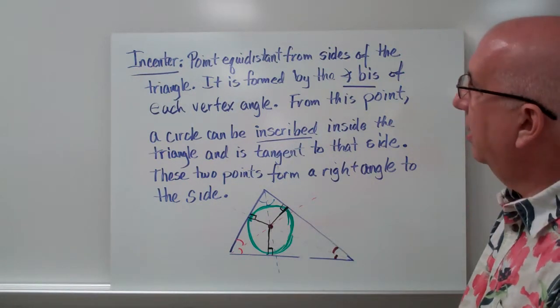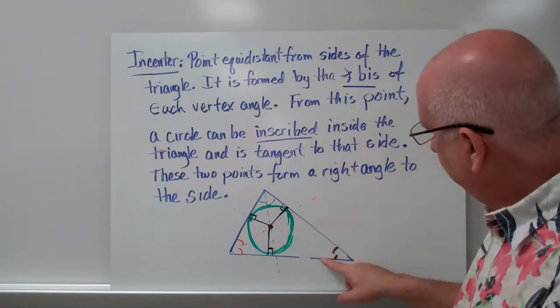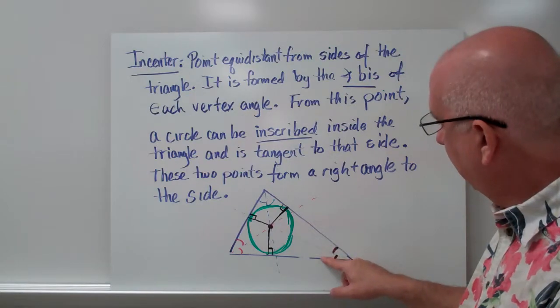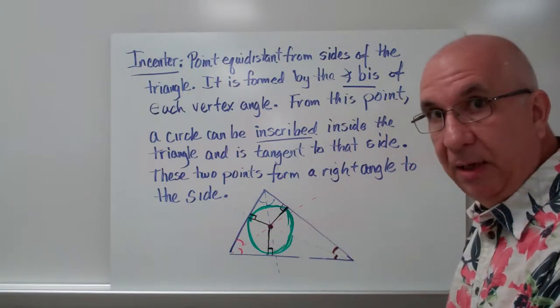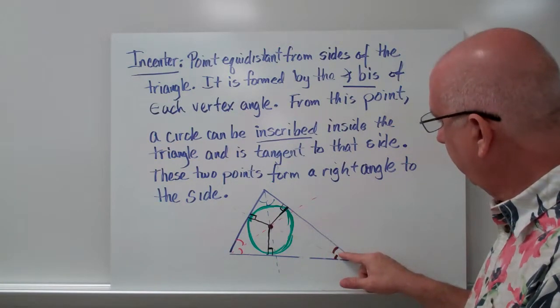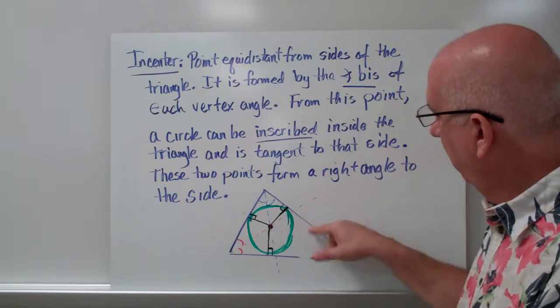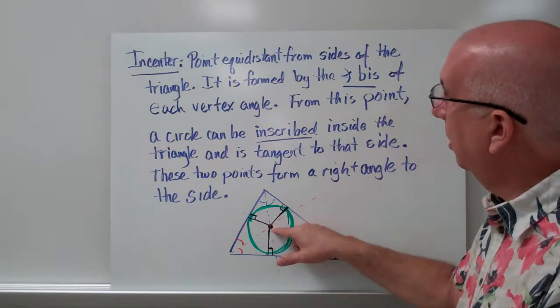So, what does an incenter do? Well, how's it formed? You would do an angle bisector of each angle. That means cut each vertex angle in half. So, these 2 angles right here are congruent. These 2 angles are congruent, and these 2 angles are congruent. Where those angles intersect is called the incenter.